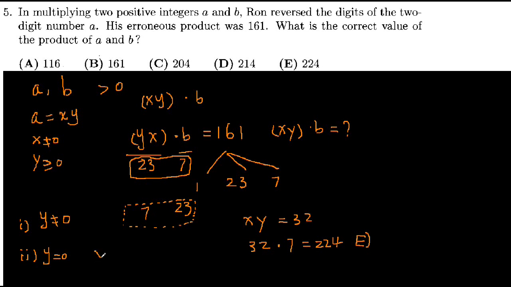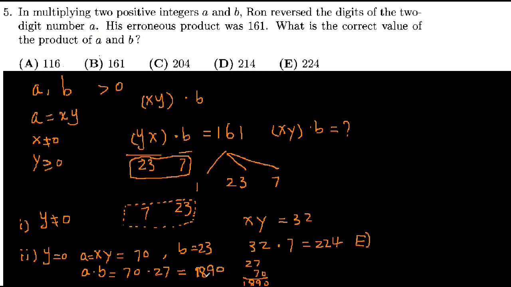In this case, we have XY, A, equal to 70, and B equal to 23. And it will be 70 times 23, so the answer would be 1610. But that's not one of the choices given from A to E, so we should consider E as the answer.